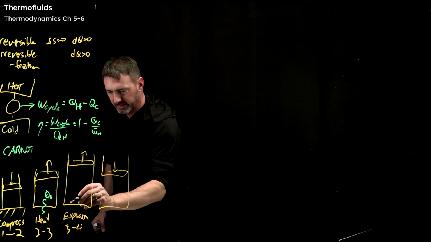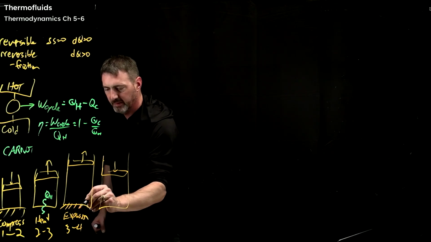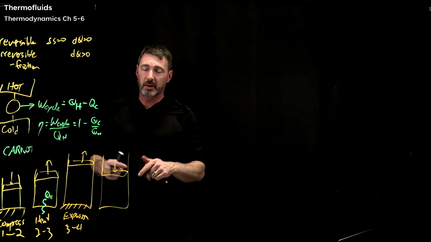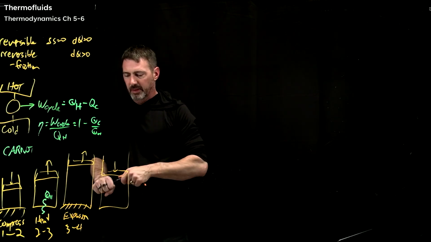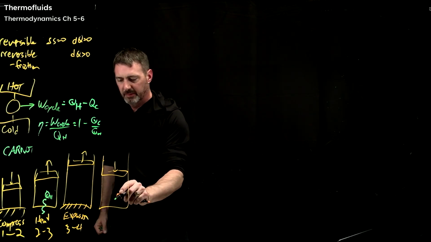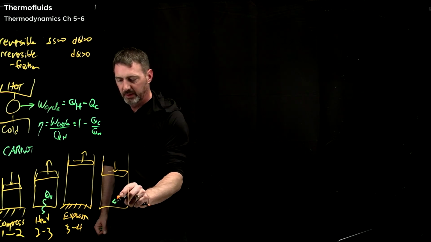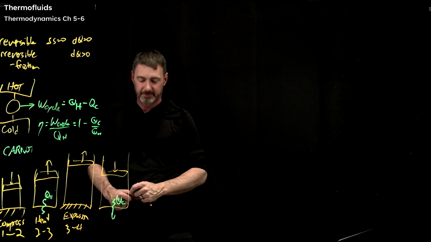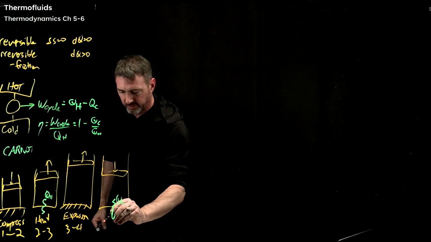This expansion happens, again, insulated, so no heat leaves the system after we put it in. Then as you drive the piston back, heat goes out to our cold sink. Okay? So this is rejection.